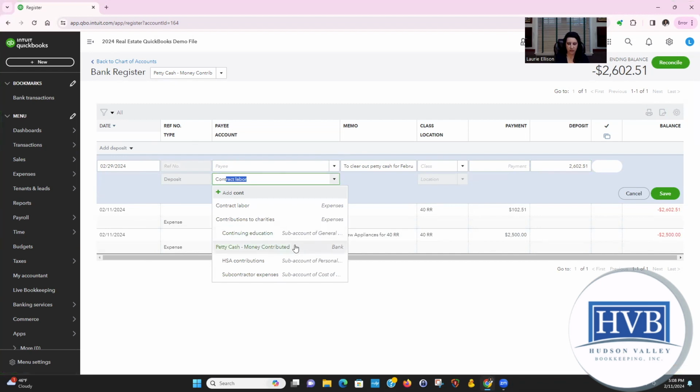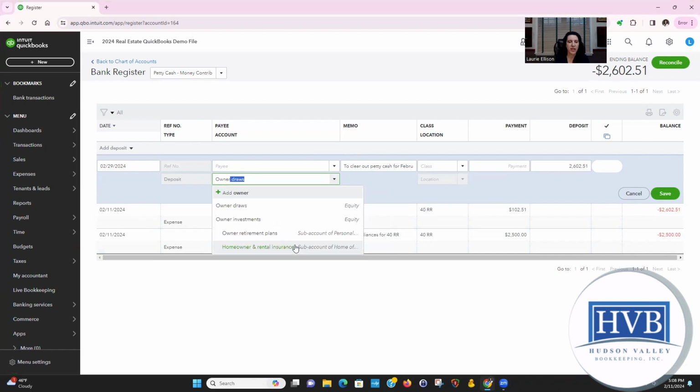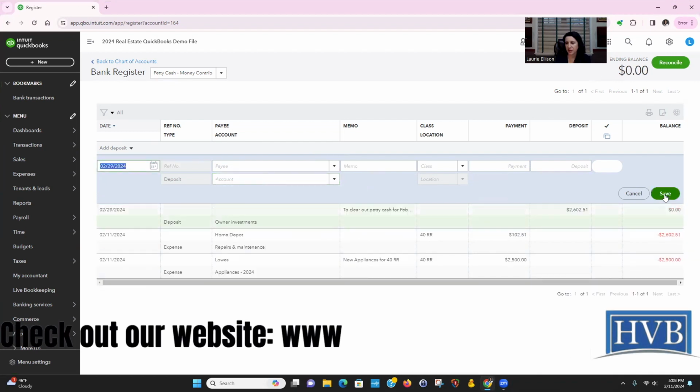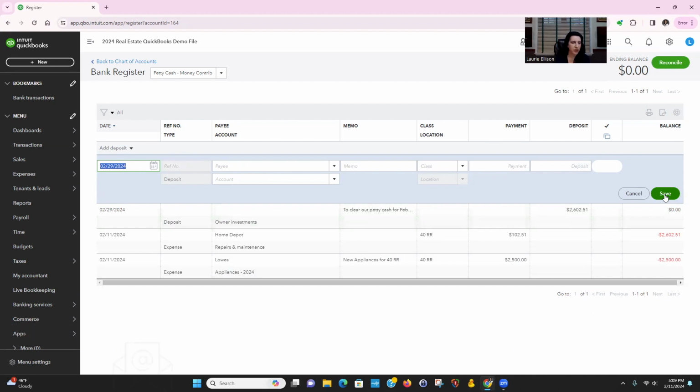Okay, so here in this file, it's called owner investment. What is owner investment? It is all the money that you personally have invested into the company. So now you will get credit for $2,602.51 toward your equity.